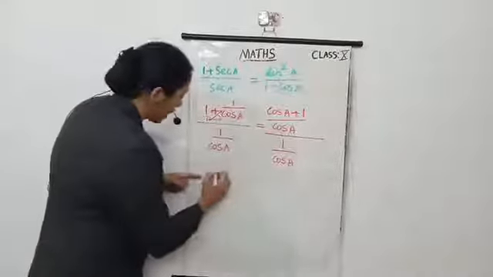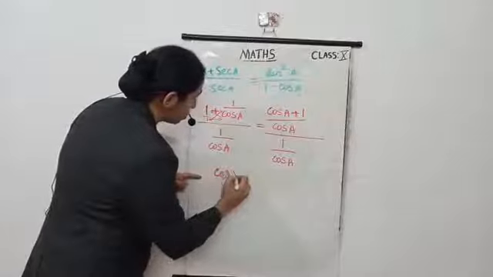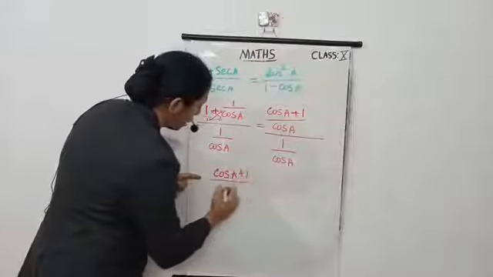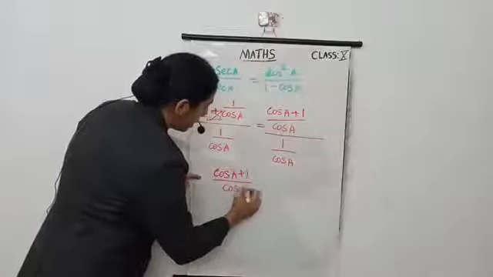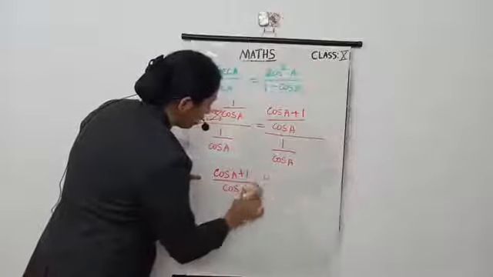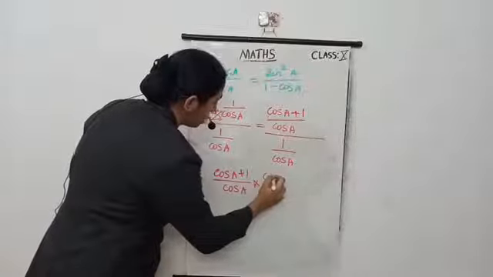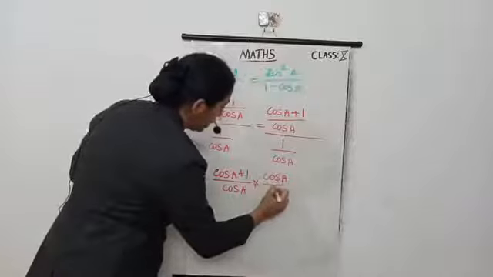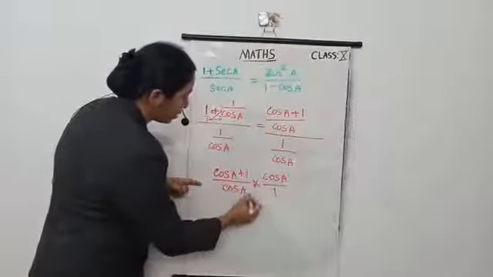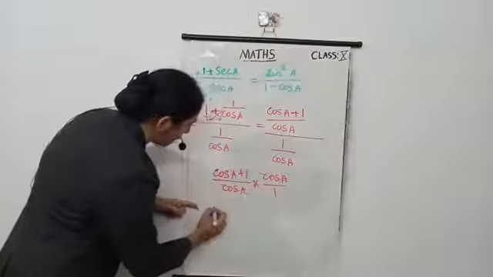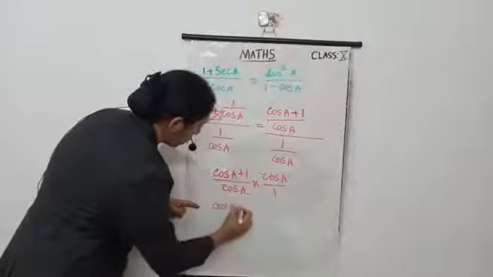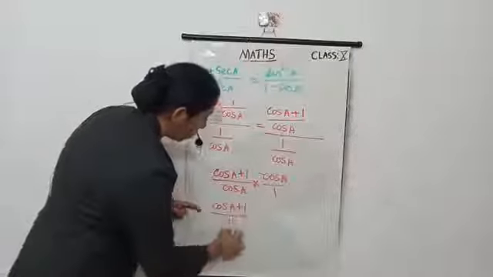So we just write like this. Numerator is cos A plus 1 by cos A, into cos A by 1. So we can cancel this cos A and cos A, and this is equal to cos A plus 1 by 1.